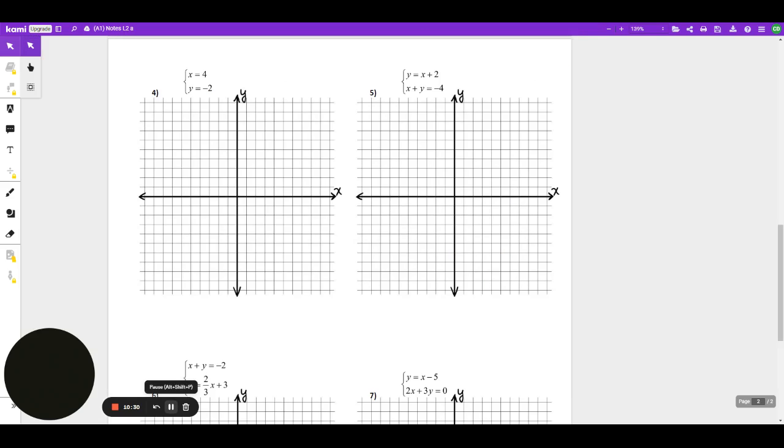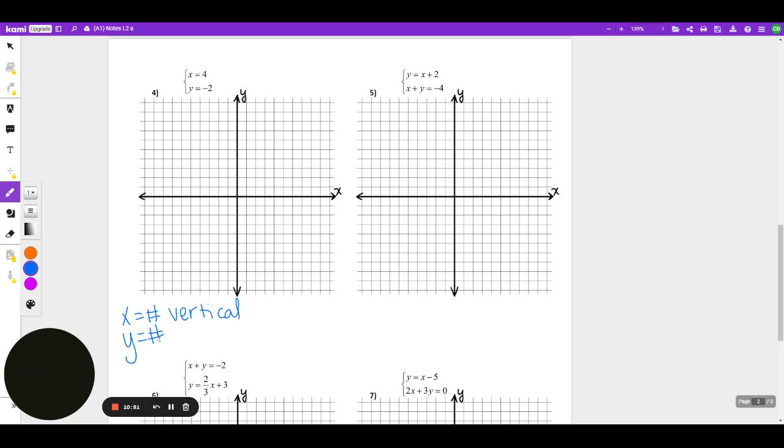In our next problem, we are given two equations that are our special equations. If I have x equals some number, that is going to be a vertical line, and y equals some number is going to be a horizontal line.